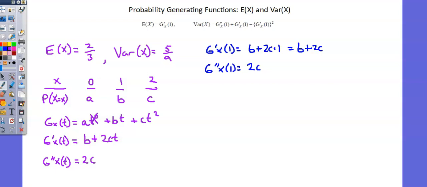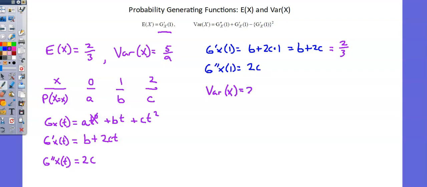So now let's see how we can use expectation and variance. Notice in the expectation formula, expectation is the first derivative of the probability generating function with an input of 1. We have that on the right as B plus 2C. That equals the given expectation of 2 over 3. For variance of x, using our formula, we want the second derivative of the probability generating function with an input of 1.